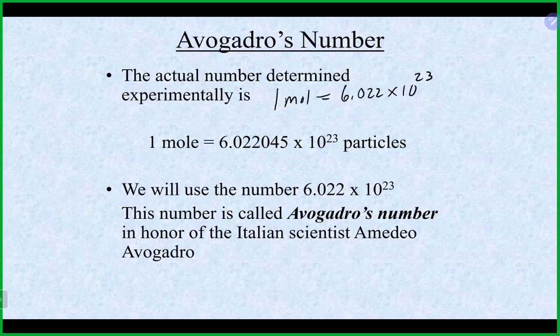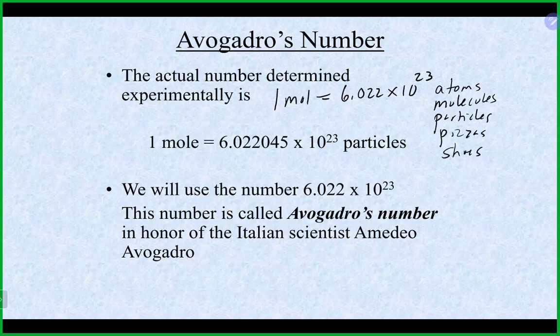Now, the units associated with Avogadro's number do change. These could be atoms, molecules, particles, pizzas, shoes, whatever it may be.